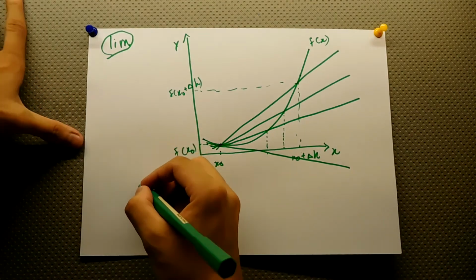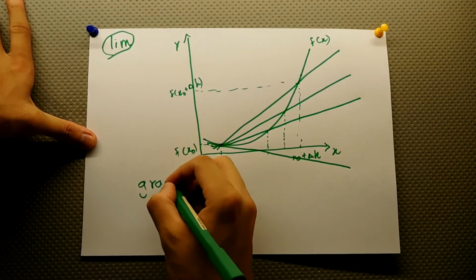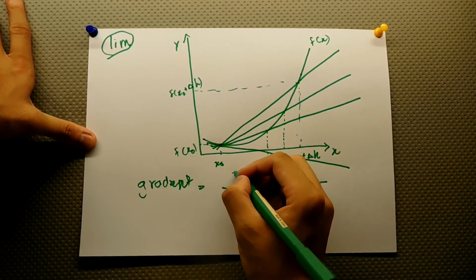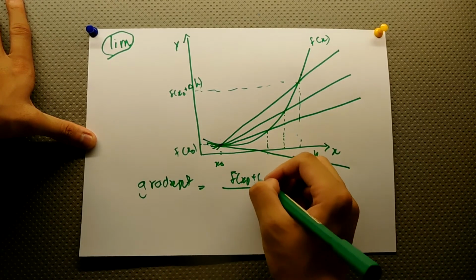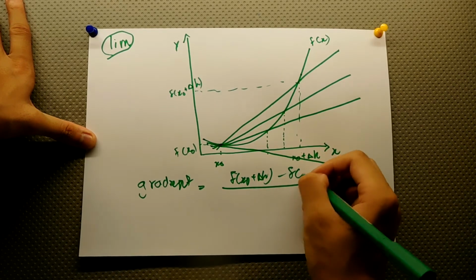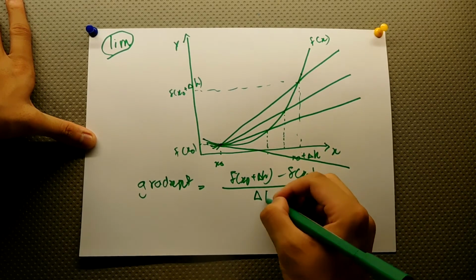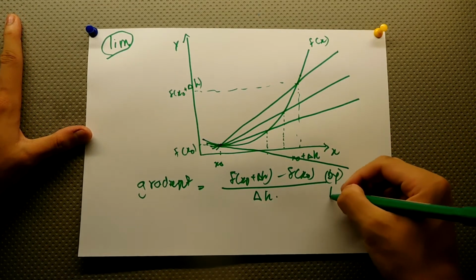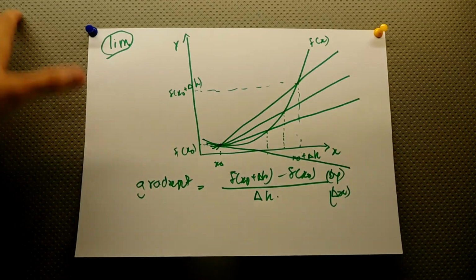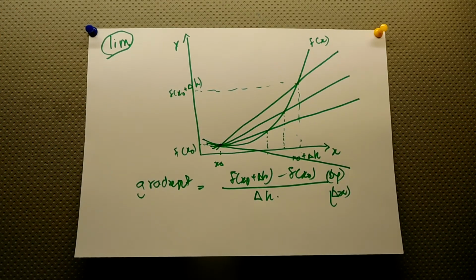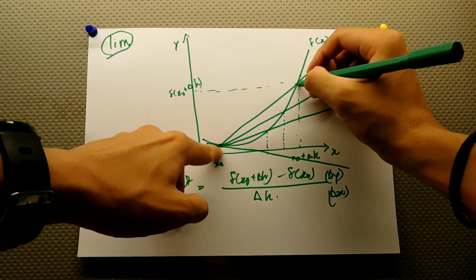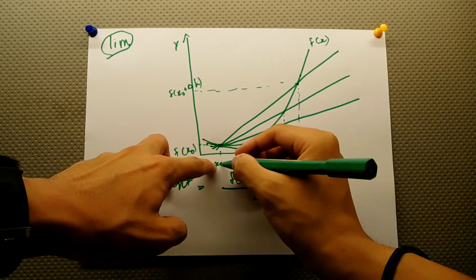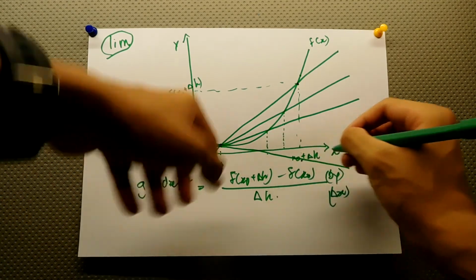We know that the gradient of this curve is going to be f(x0 plus delta h) minus f(x0) over delta h. This is change in y over change in x. Over here, we find the average rate of change from x0 to x0 plus delta h.